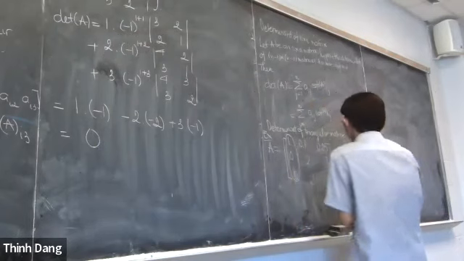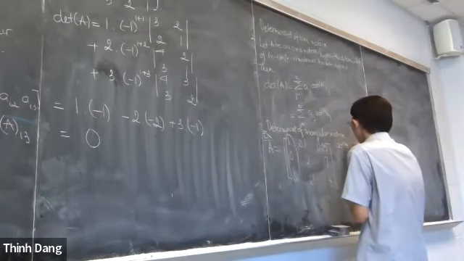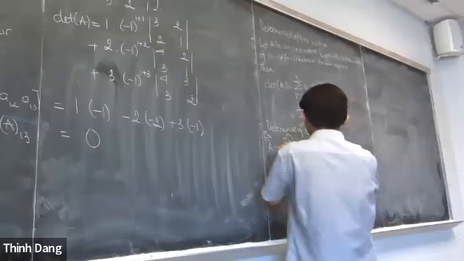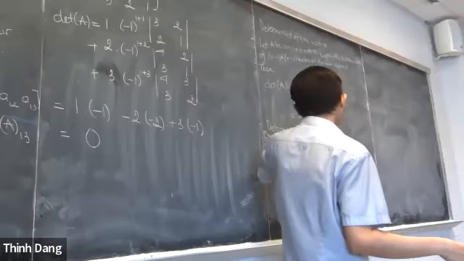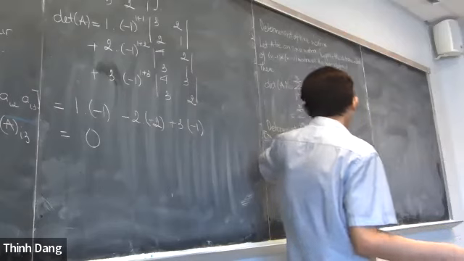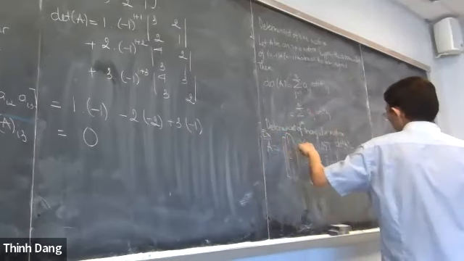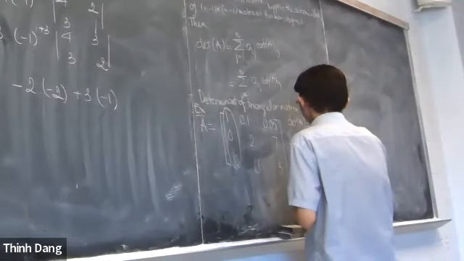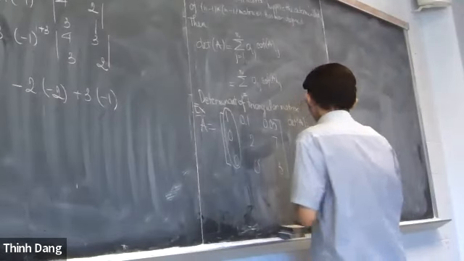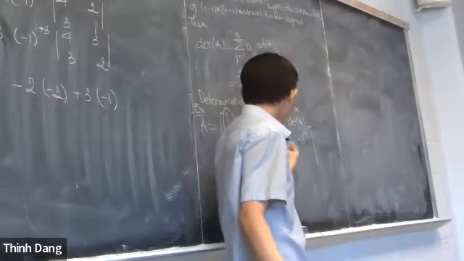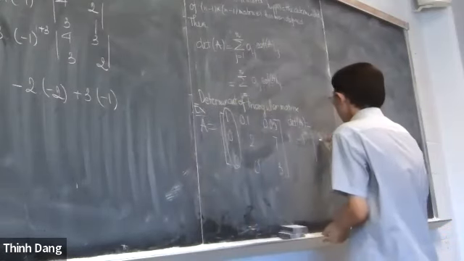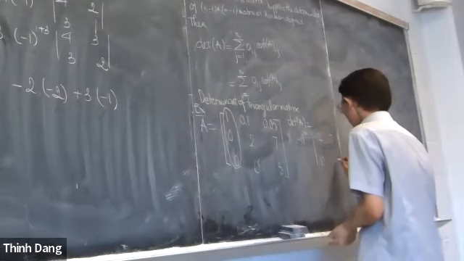So when you try to find the determinant of this one, you will only need to choose the first entry, which is 1, and multiply that with its cofactor. The cofactor of this one is (-1) to the power of 1 plus 1, multiplied by the determinant of this 2 by 2 square matrix: 2, 7, 0, 3.